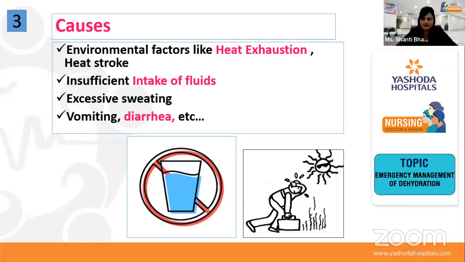Yeah. And some of the endocrinological diseases like diabetes insipidus or newly diagnosed diabetes also cause excess loss of water. And if you have skin diseases like eczema or anything else which causes a lot of water loss through the skin, chronic skin disease can also cause water loss. And in burns patients, the requirement of water increases 3 to 4 times because the loss through the skin is very huge.